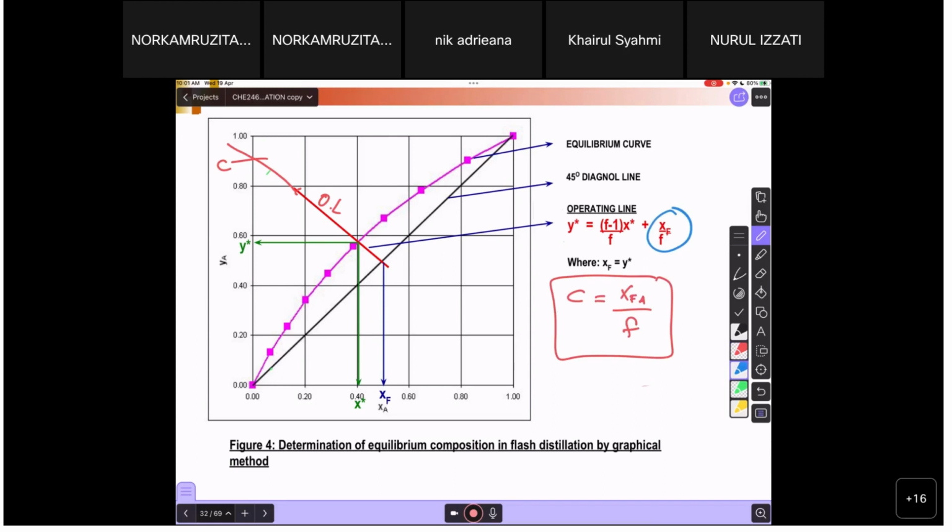Very important: the majority of operating lines begin at the 45-degree line. Any question?